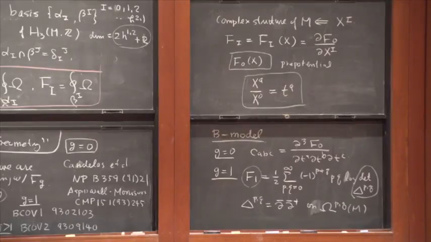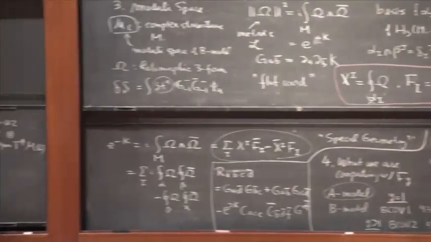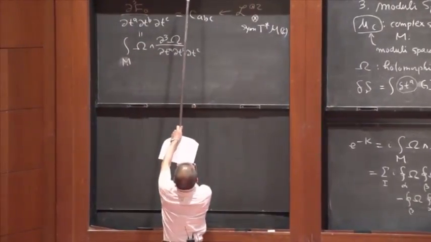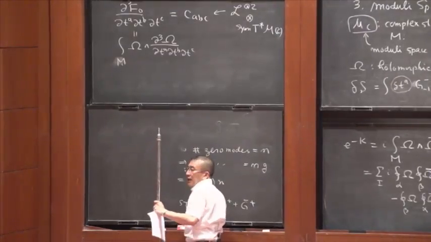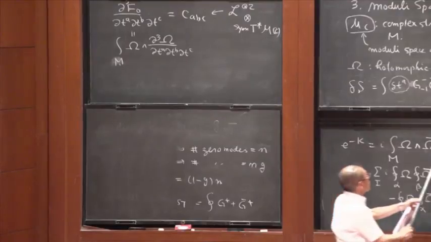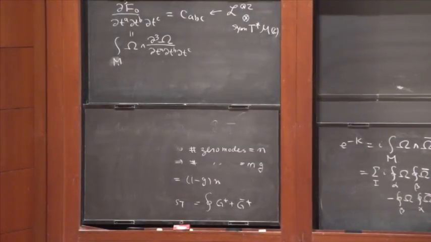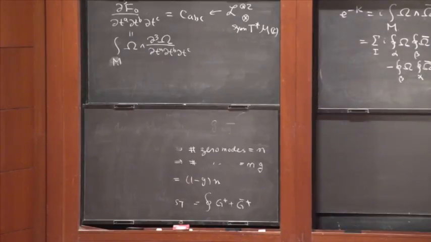So let me move on to the case of the A model. In the case of the A model, the answer can get quantum corrections. The kind of quantum correction we would get are the instanton corrections. The reason for that is something I already mentioned yesterday: the answer should be almost holomorphic in the target space.